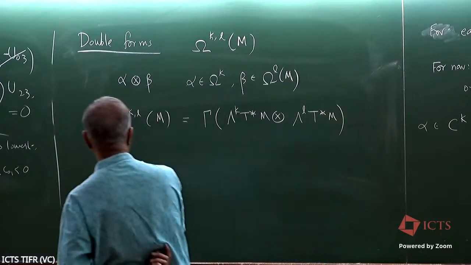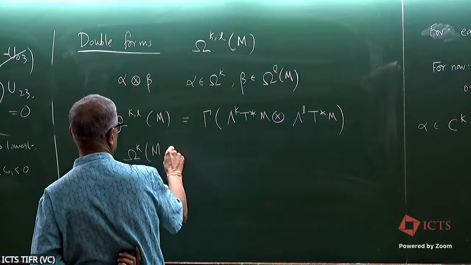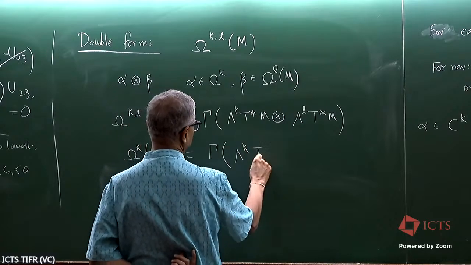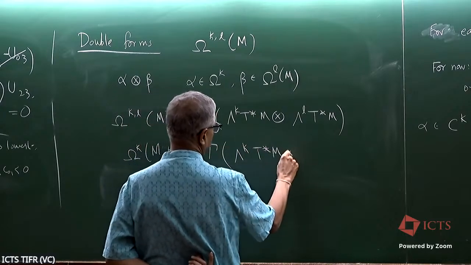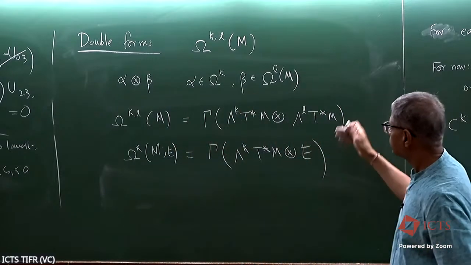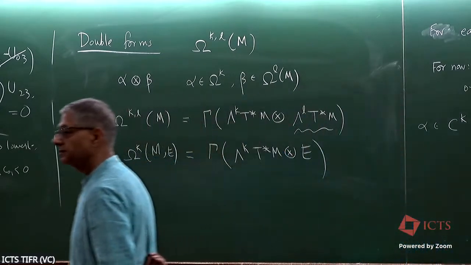And what we had earlier was E form valued guys, and I didn't write it, but those were. So this is a special case of that, where E is this bundle of L forms.